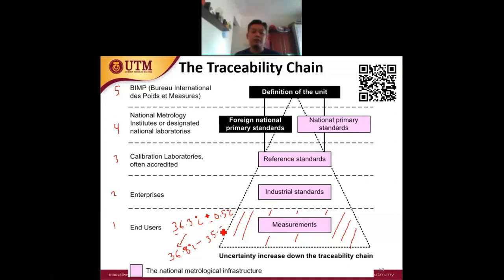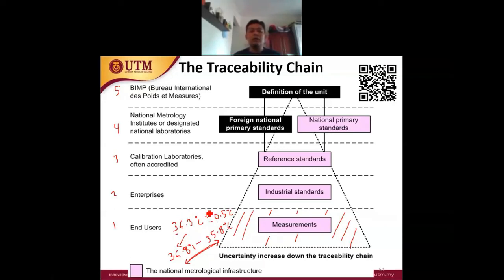This is the acceptable range due to the uncertainty set by the error. So this is the uncertainty at the end user level.